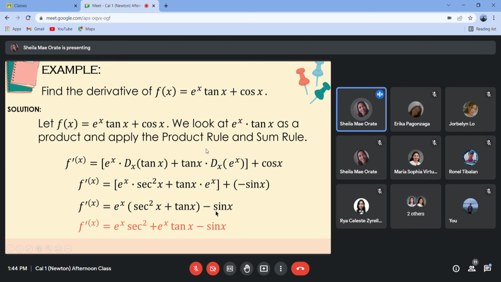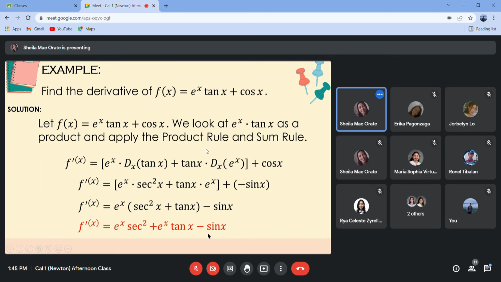The final answer is the same if we distribute it, as if we did not factor out: e raised to the power of x secant squared x plus e raised to the power of x tangent x minus sine x.